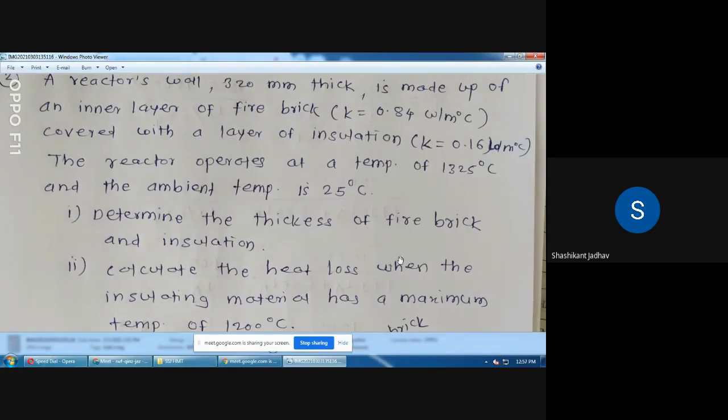Next line, first: determine the thickness of fire brick and insulation.